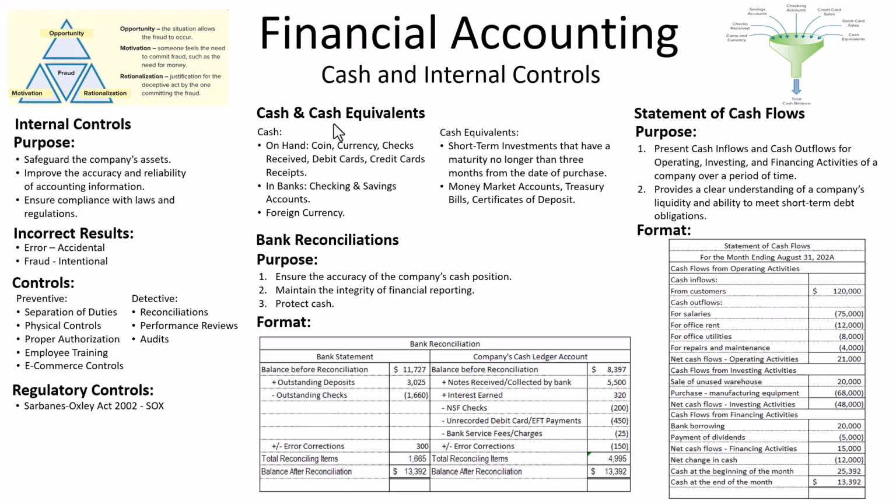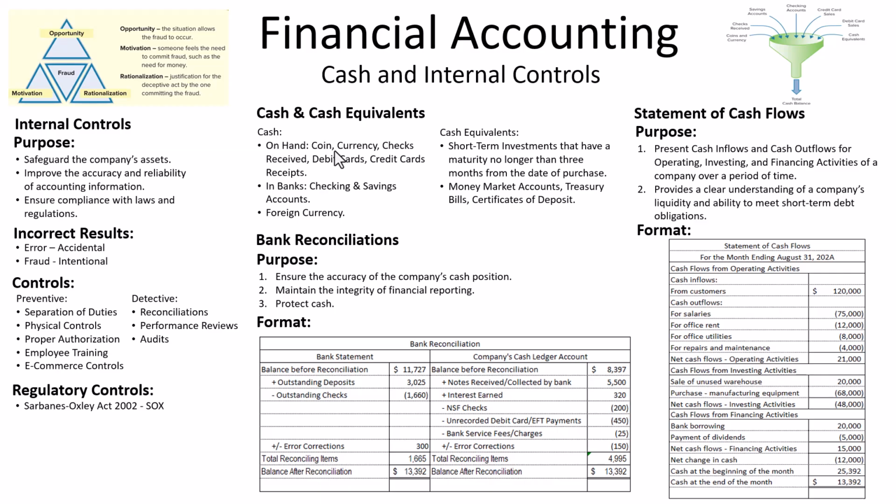When studying cash and internal controls, it's important that you understand what we mean by cash and cash equivalents. When businesses talk about their overall cash position, they're talking about either their cash on hand or cash in bank, foreign currency, or something referred to as cash equivalents.